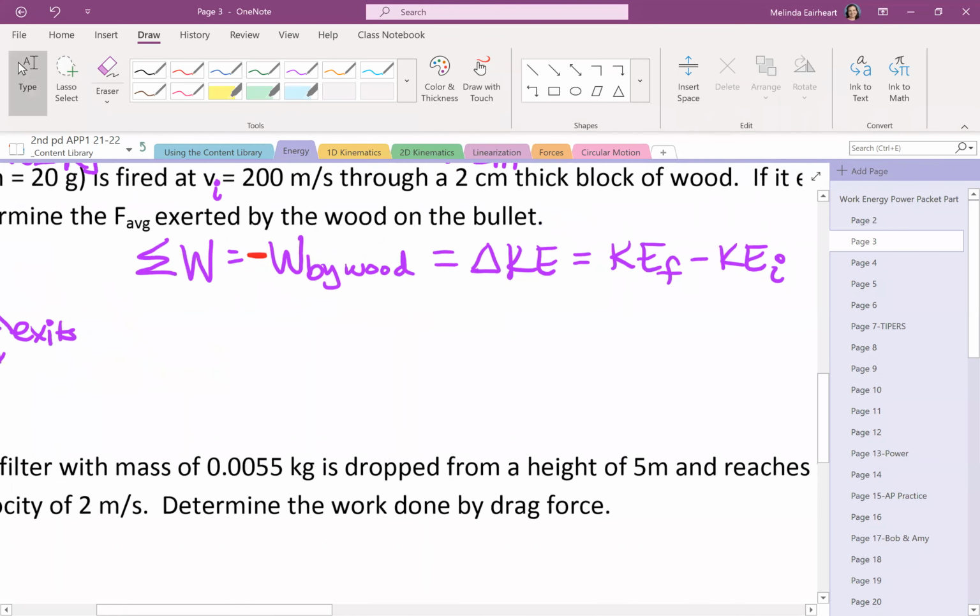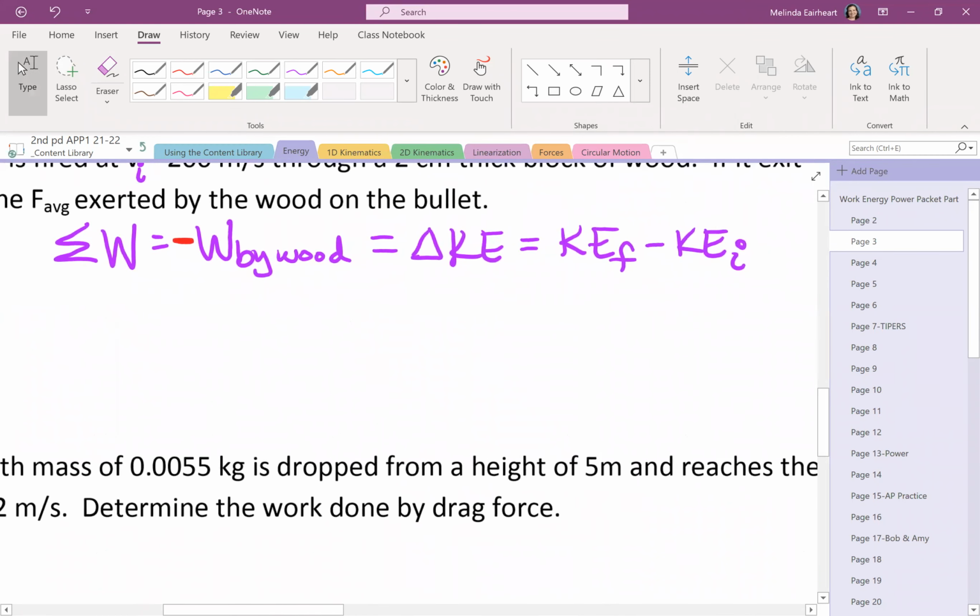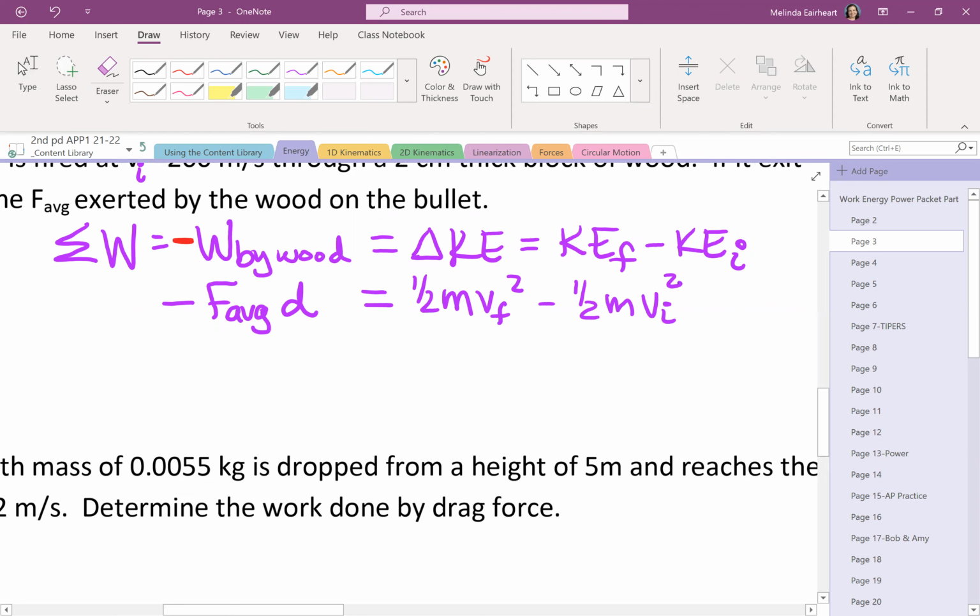And I'm going to do something different on this one just to show you it's a possibility. The wood's going to exert a force over a certain distance. And so we can say that average force times distance equals 1/2 mv final squared minus 1/2 mv initial squared.